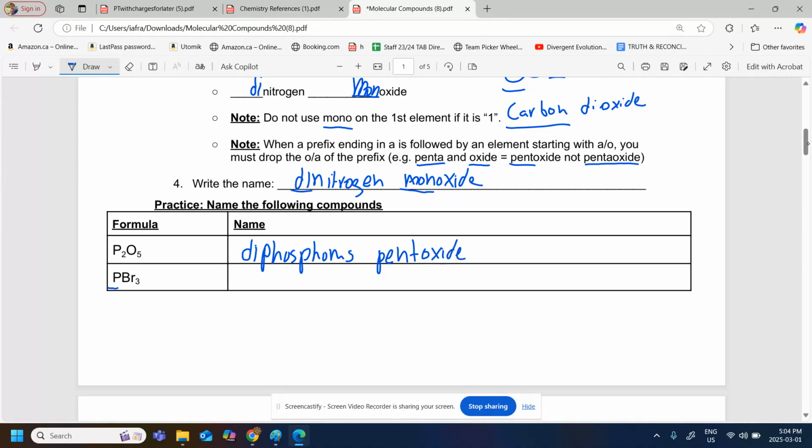For the second one, we have PBr3. There's 1 phosphorus. We're not going to say monophosphorus, because we don't use mono for the first one, so we say phosphorus. Then there's 3 bromides. Bromine becomes bromide, but it's 3, so tribromide.